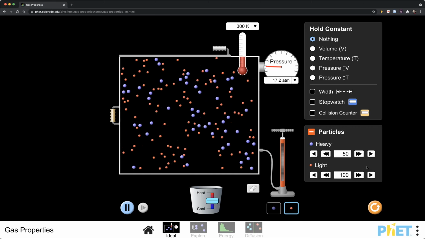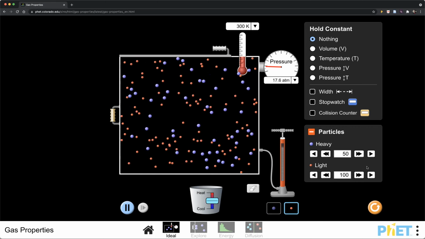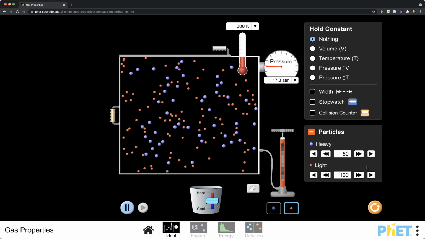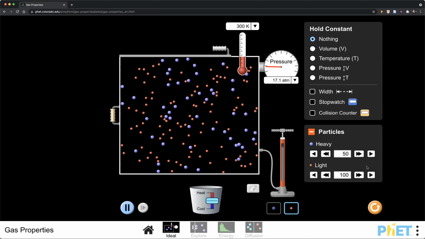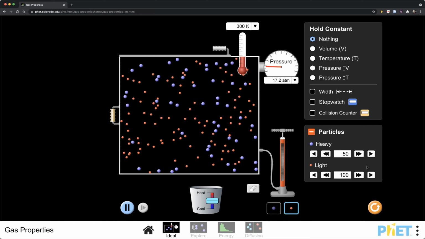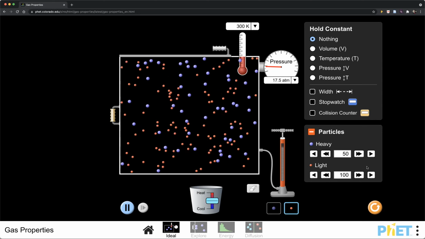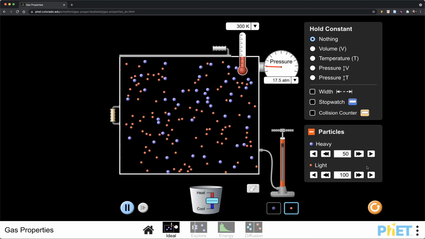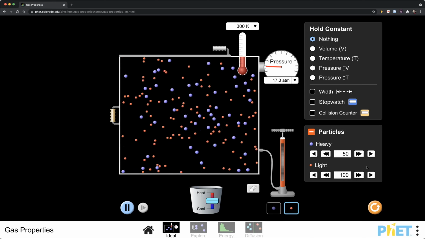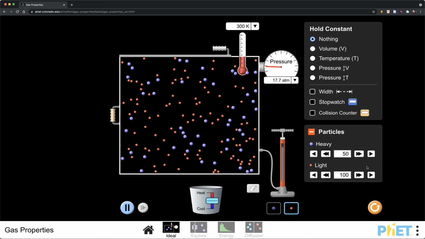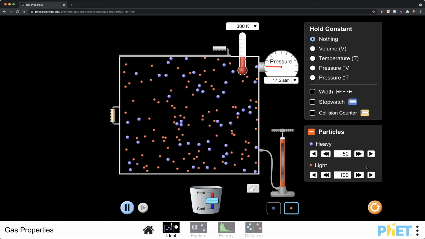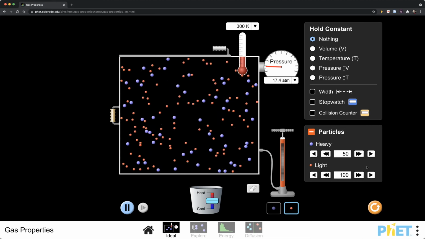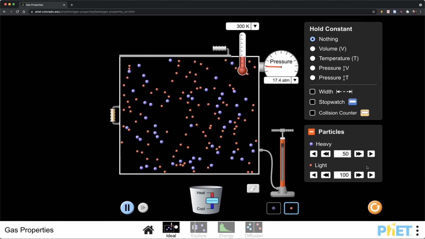Now let me ask a question though. Did the volume of the container change or did the temperature change? No. The only thing that changed was the amount of particles. And the pressure changed because of the amount of particles.